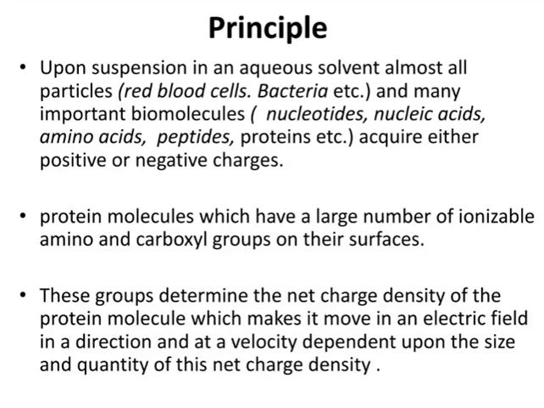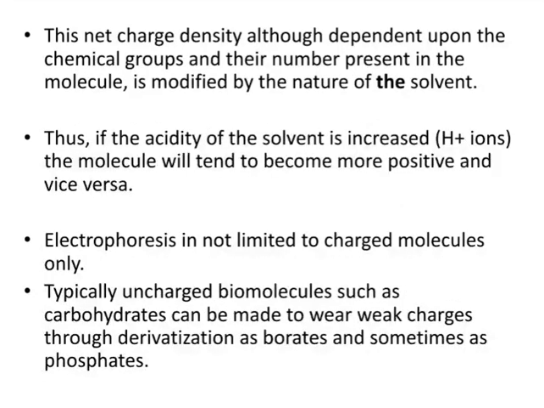But the velocity or movement of this protein molecule under the influence of the electric field depends upon the size and quantity of this net charge density on the protein molecule. Although the net charge density depends on the chemical groups, the number of charged particles in the molecule is modified by the nature of the solvent.